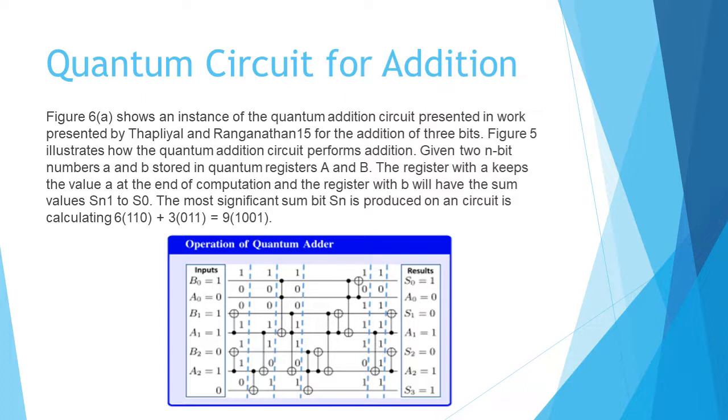The most significant sum bit Sn is produced on a separate qubit. The circuit is calculating 6 (110) plus 3 (011) plus 9 (1001). Here you can see what the gates are and what the map of operations of the quantum adder is.